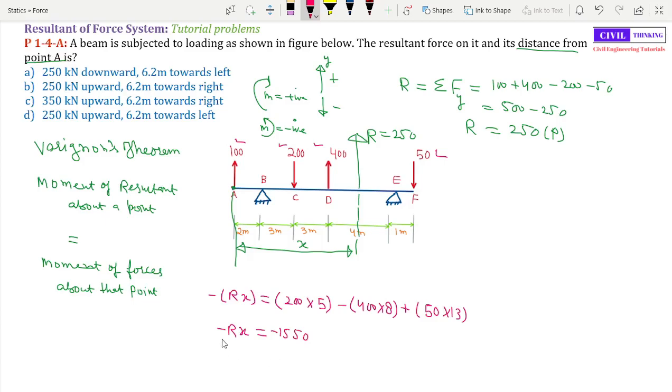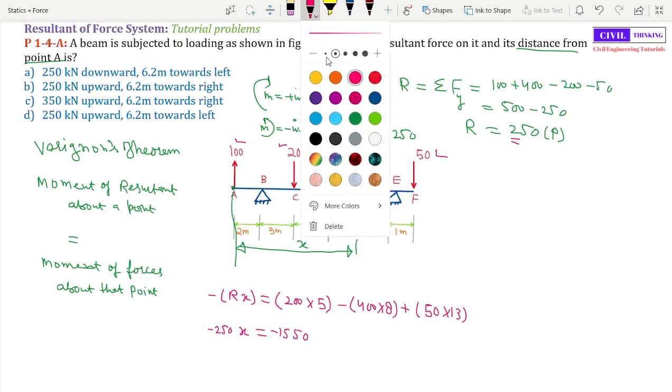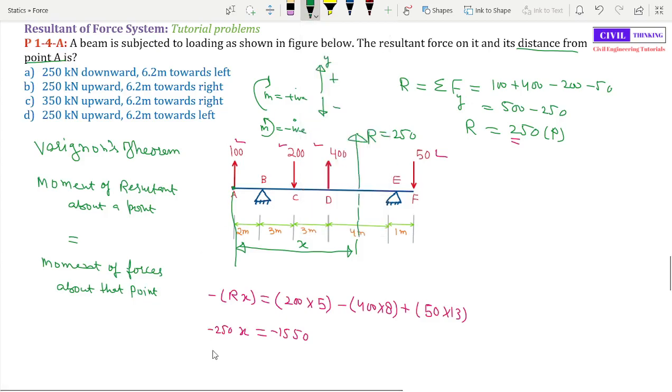Now the resultant is 250, so I'll write 250 here. Negative and negative will cancel out each other. This 0 and this 0 will cancel out each other, so we are left with 25x is equal to 155.